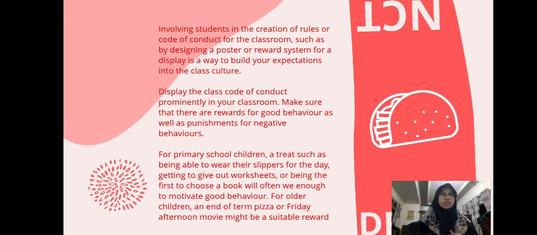For primary school children, being able to wear slippers for the day, getting to give out worksheets, or being the first to choose a book will often be enough to motivate good behavior. For older children, an off-term visit or Friday afternoon movie may be a suitable reward that you can give them.